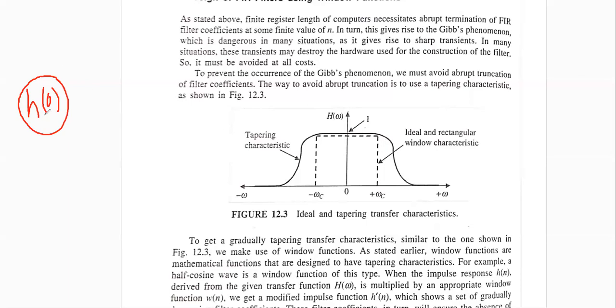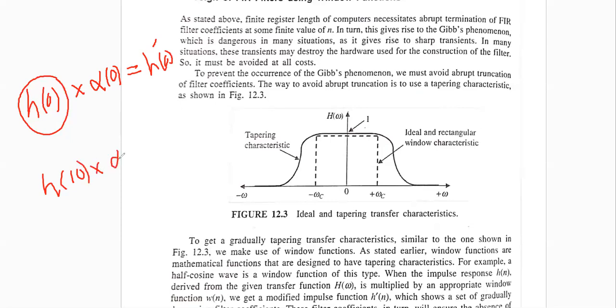On the time domain coefficients. Let's say previously we have H0. Now, due to this truncation or tapering characteristic, we multiply with some factor alpha 0, so that we get a new coefficient H0 prime in the time domain. Similarly, for H10, previously what was H10?